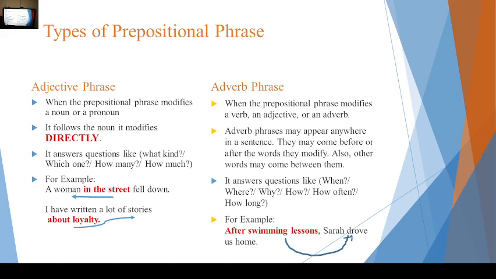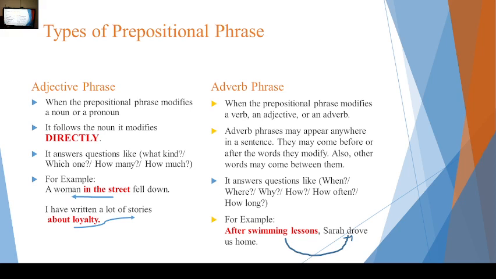This is for adverb phrases. They may come before or after the words they modify. Also, other words may come between them. So we don't have like one position for them, unlike adjective phrases. Okay? It answers questions like when, where, why, how often, how long.